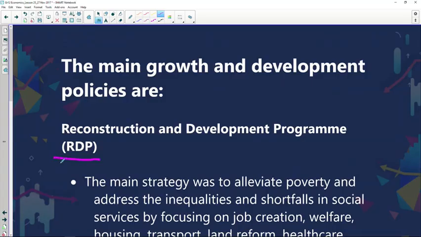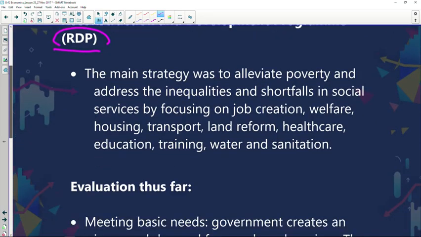Right, so now we are going to focus on the main policies in terms of growth and development. I mentioned the RDP just now in our previous slide, which is the Reconstruction and Development Program. This was quite a popular program in the early 90s, around 1994.